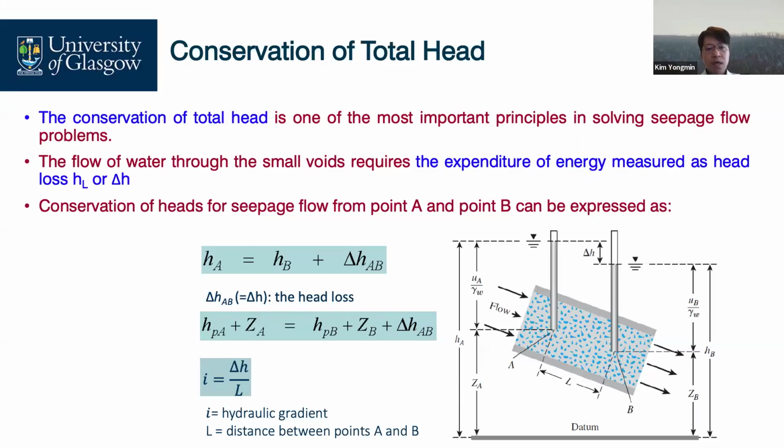For example, here's the datum. At point A, the elevation head is ZA, and this amount is the pressure head. So from here to here is the total head at point A. About point B, this is our elevation head, and the water pressure is this amount. We have a certain gap between these 2 points, which is the delta H. Delta H is head loss.